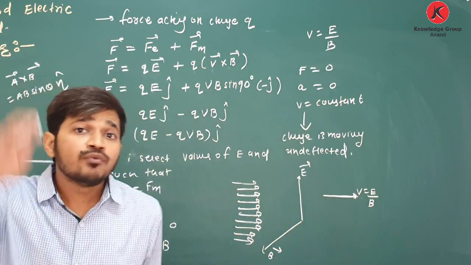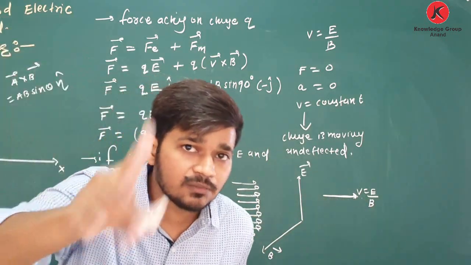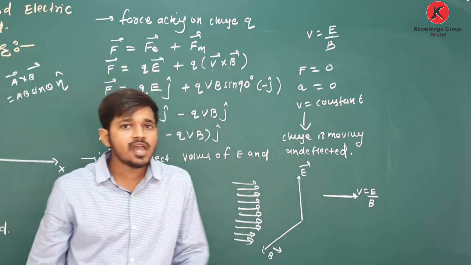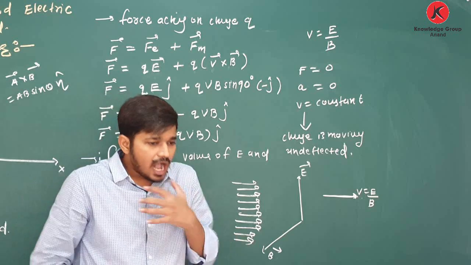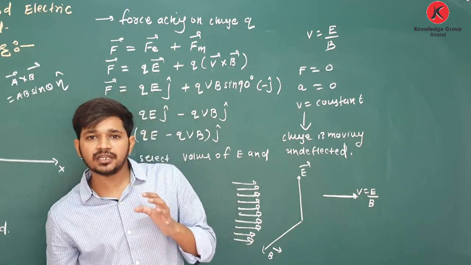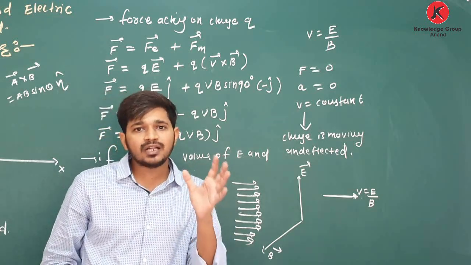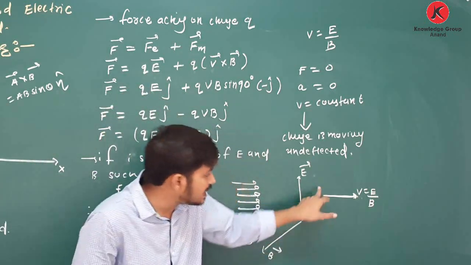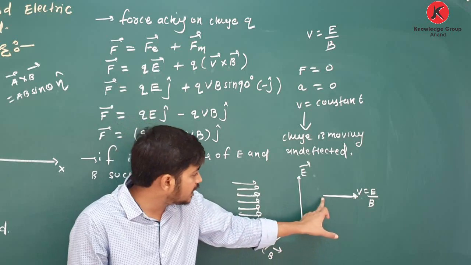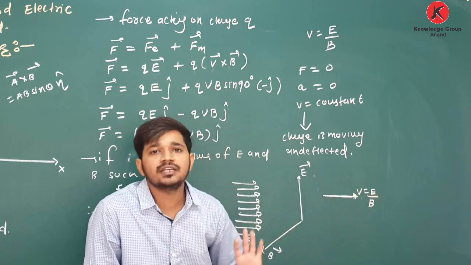Another charges with different speeds will be deflected. So clear about this? If I want some charge particles having some fixed velocity, then I have to set E and B such that I will get only those particles undeflected.